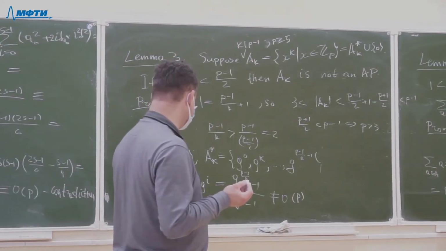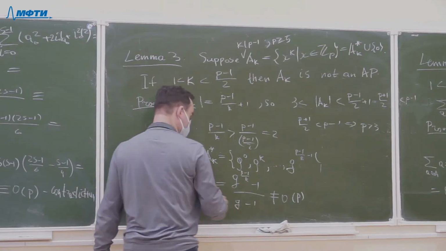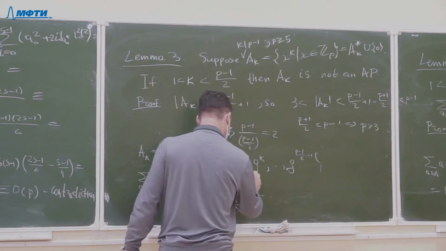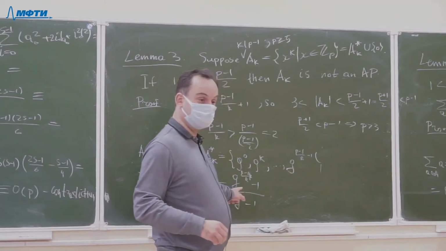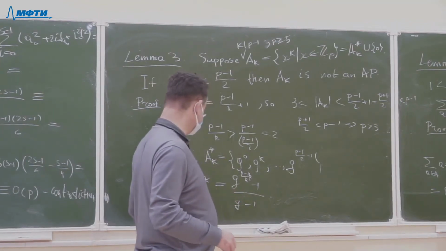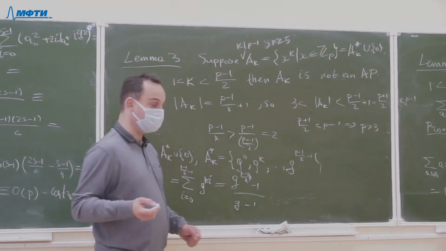Sorry, one minute. It must be 0. The numerator is 0, right? Because this is 1, and the denominator is not 0, since g^K is not 1.